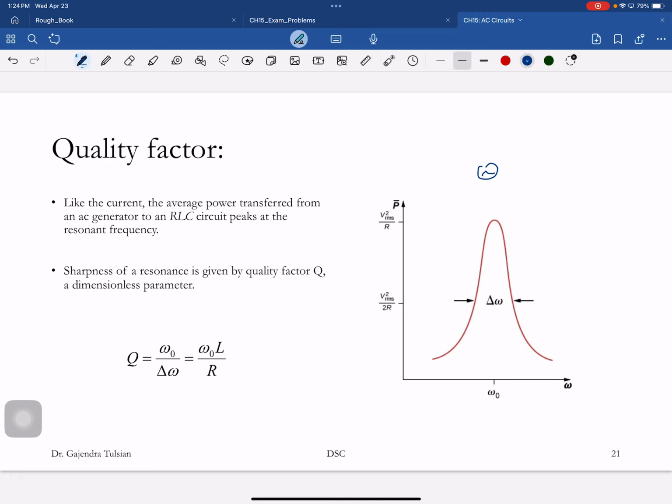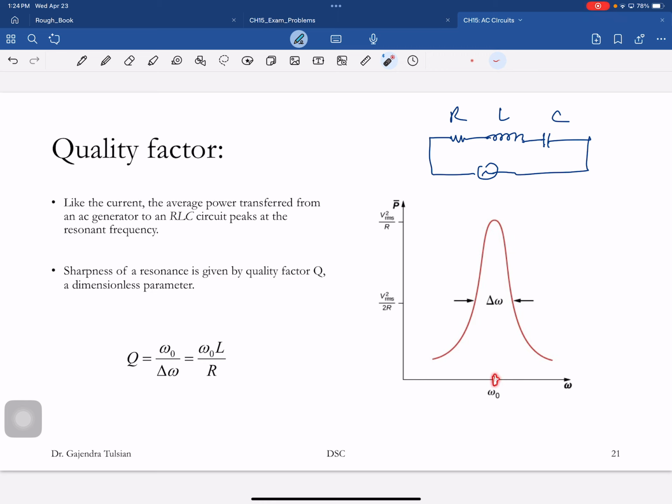Here's an AC source. An RLC circuit. Okay. So this is your load, this is your cooker, and this is the AC source. Okay. And what this diagram is showing you is the following.